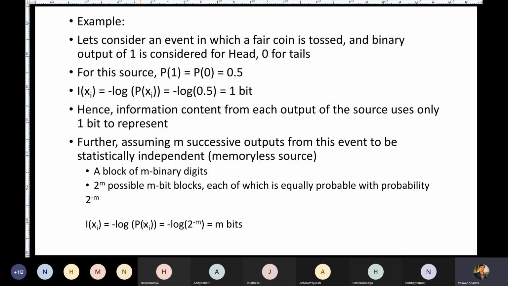I(xi) is minus log p(xi), and here the probability will be 2 to the power minus m, because it is equiprobable. So minus log 2 to the power minus m is m bits. So for m successive events, we need m bits. This is the information contained in this event.